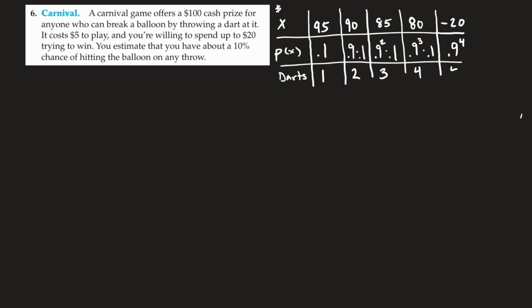This turns out to be 4 darts as well, because at the end, remember, I can stop, and there are 2 ways I'm going to end up stopping on this game. That's when I miss all 4 darts or I pop the balloon. Well, what happens if you don't pop it, right? Okay, so the second question asked me to find the expected value or expected number of darts.